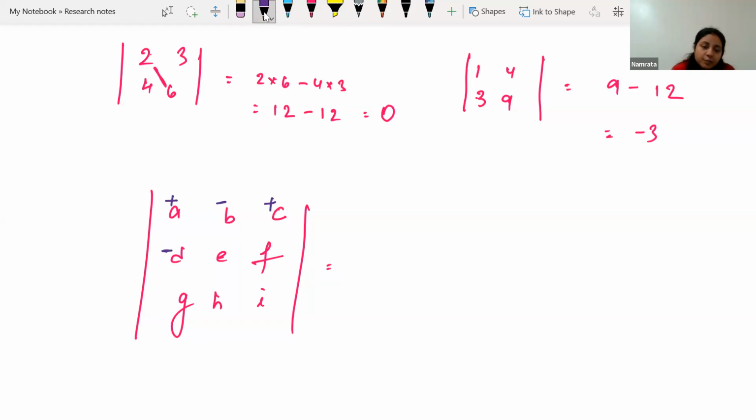Then negative, positive, negative. Then positive, negative, and then positive. So this is how the continuation of the signs goes on.